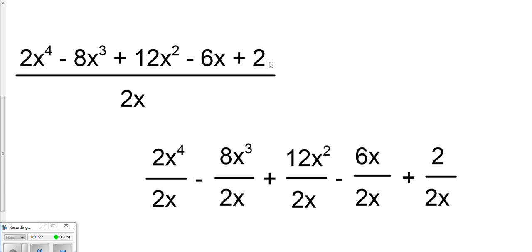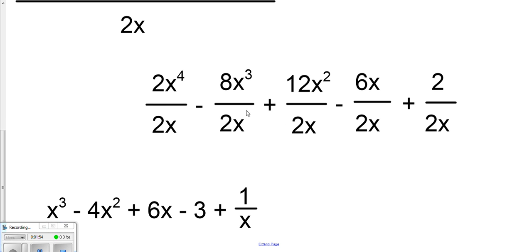I can take my 5-term polynomial and divide it by a 1-term polynomial by splitting each piece up separately. So 2x to the fourth over 2x, 8x cubed over 2x, 12x squared over 2x, 6x over 2x, and 2 over 2x. Notice that I didn't forget this negative, positive, negative, positive. Those go right here in between each individual fraction.